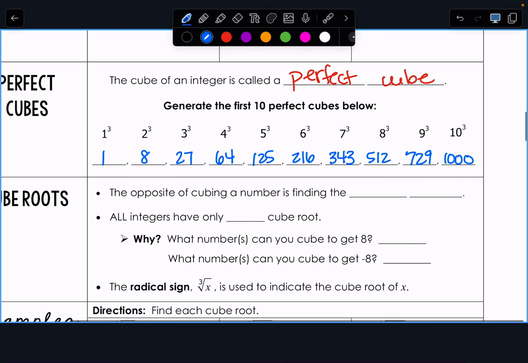Okay, so like we did Wednesday, the inverse of cubing a number is going to be called finding the cube root.